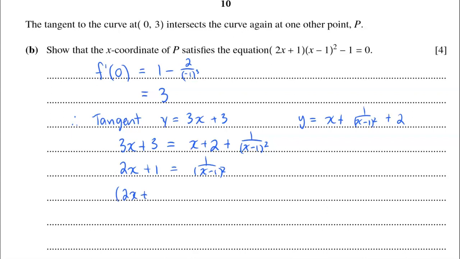Because it's multiplying by the whole side, we have to put it in brackets, (x minus 1) squared, which is turning out to be rather nice. And that looks very close to what we're trying to get to. So just bring the 1 over, and we have shown that the x coordinate of P satisfies this equation.